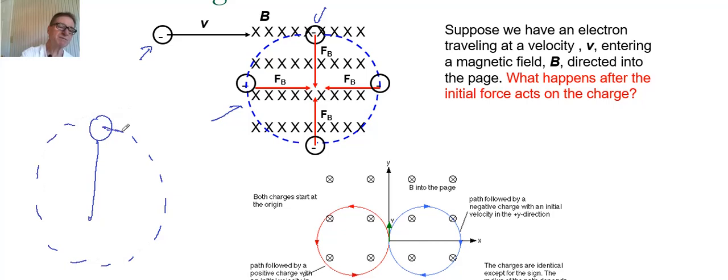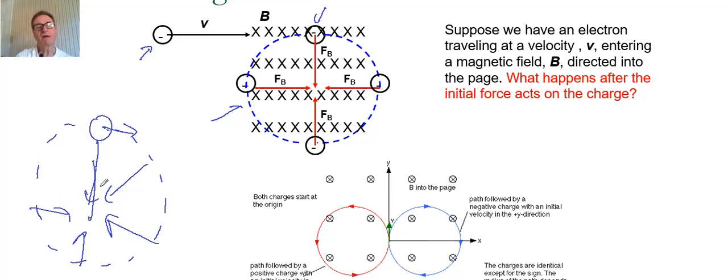This object has some tangential velocity, and what's the only thing keeping that object in a circular path? Some inward force, right? The force is always going to be inward. Well, think about the electron going in this magnetic field. It hits this magnetic field, what's the force it feels? It feels a downward force like that, towards the center of some position.